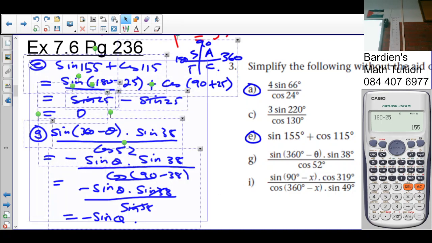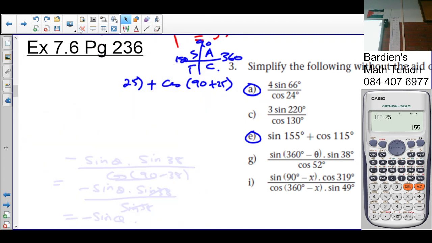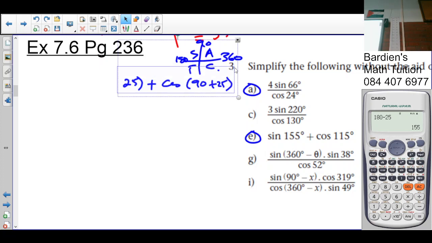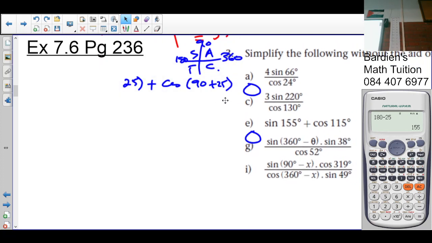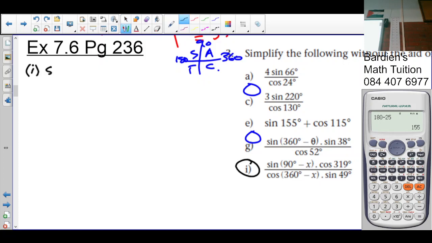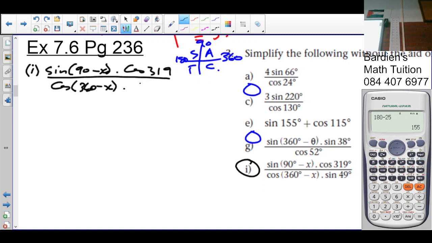Now we're looking at I. We have sine (90 minus x) times cos 319 over cos (360 minus x) times sine 49.